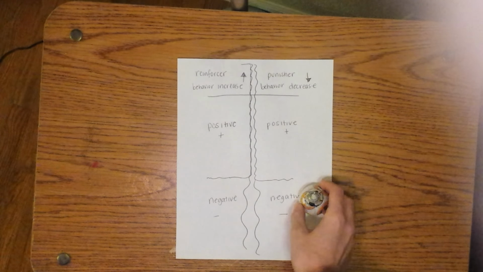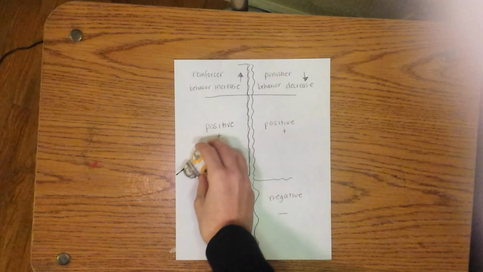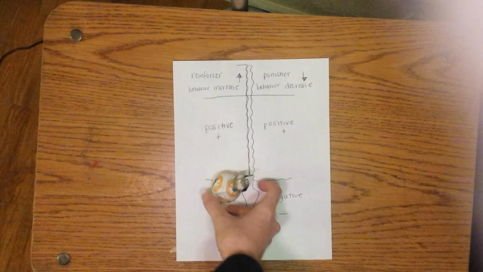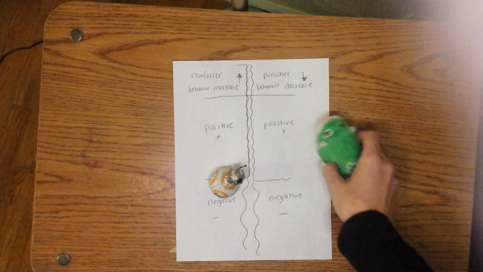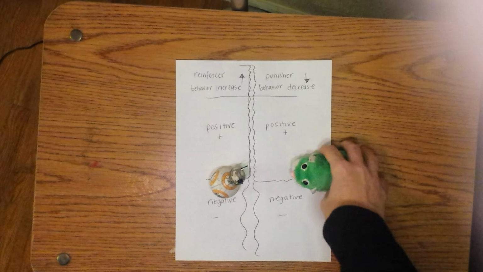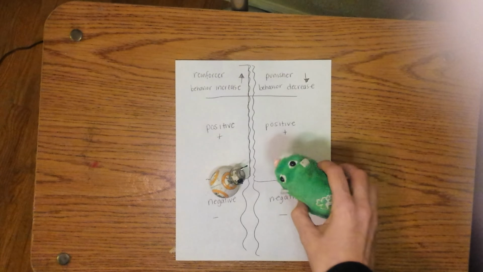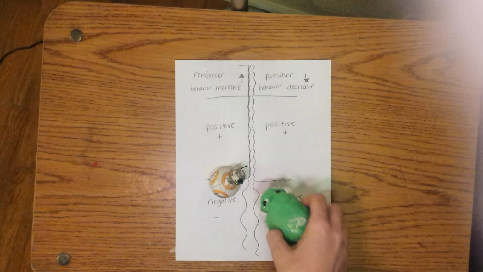Now, BB-8 drank a little too much motor oil, and next thing you know, here comes the police hamster, and he's like, hey man, that's a $500 fine, BB-8.